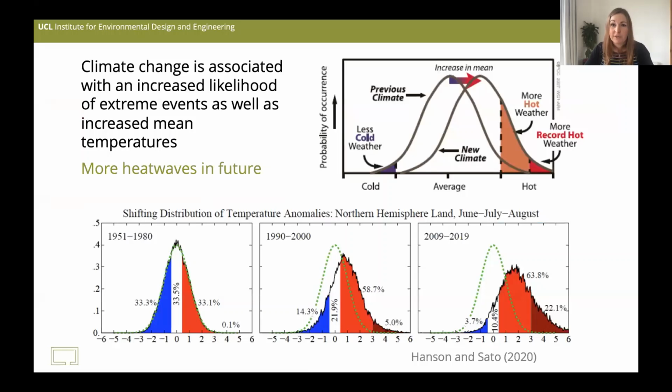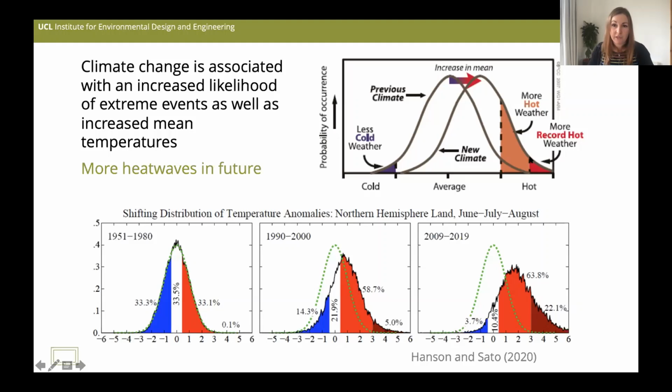I've talked about a shift in mean temperature, but climate change is also associated with increased risk of heat waves. Even though we may see small increases in mean temperature, so we shift an old climate into a new climate, it means that what used to be considered very rare weather is now becoming really quite common hot weather.